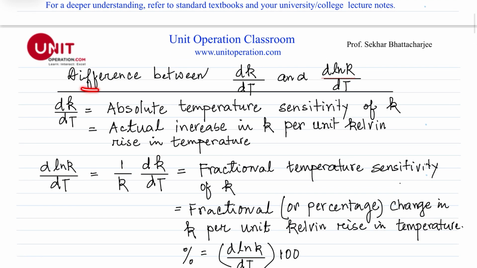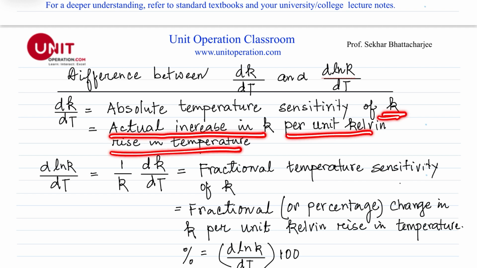Let's quickly see the difference between the derivative with respect to k and the derivative of the natural log of k. We say that the derivative of k with respect to t is the absolute temperature sensitivity of k. So this is the actual increase in k per unit Kelvin rise in temperature.